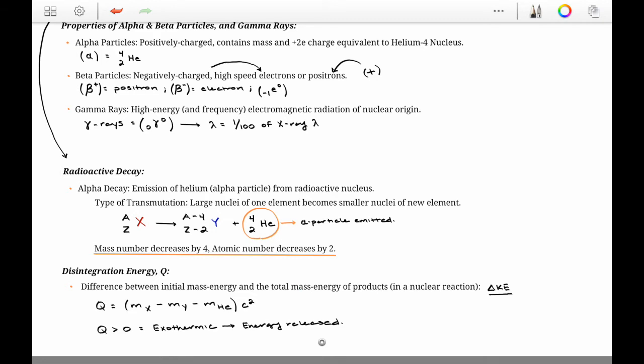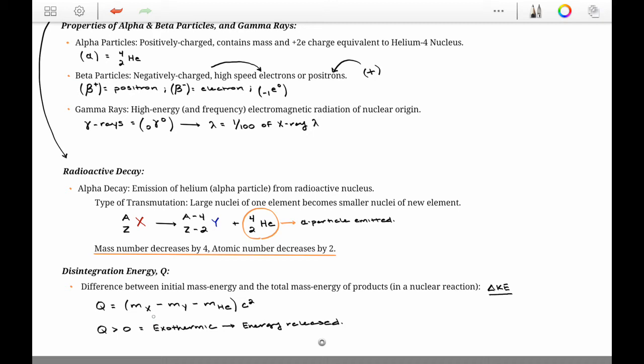It can also be defined as the change in kinetic energy during the reaction, because for a spontaneous decay to occur, the total mass of the decay products must be less than the mass of the initial nucleus. This difference in mass appears as kinetic energy of the products, which is why the Q value is the change in kinetic energy.